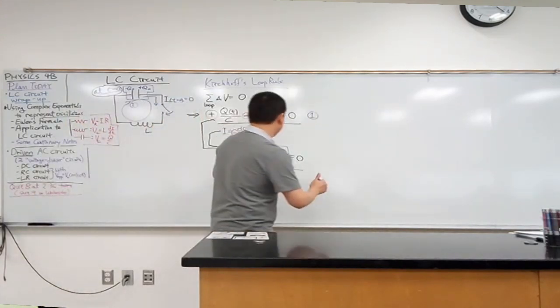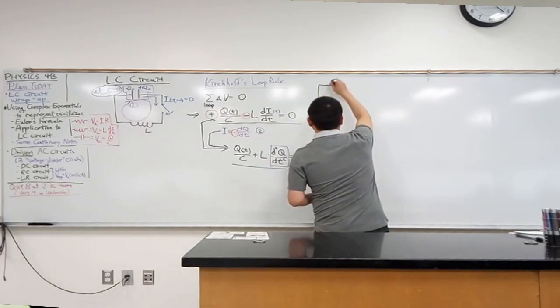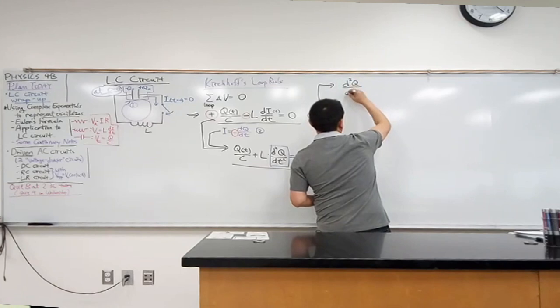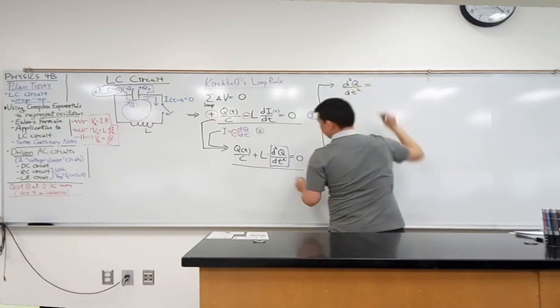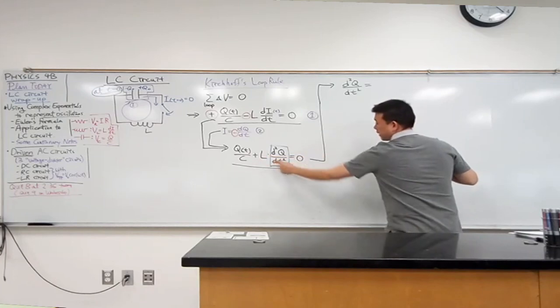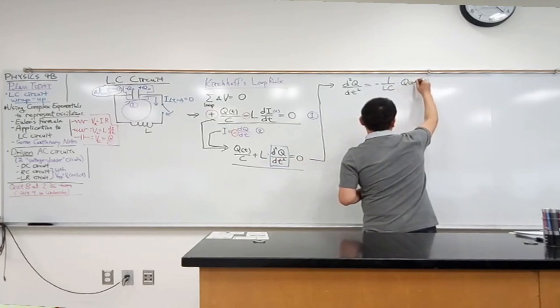So solve this for the second order derivative, and I get this: the second derivative of q is equal to, move this over, so minus q of t, and divide out L. So minus 1 over LC times q of t.